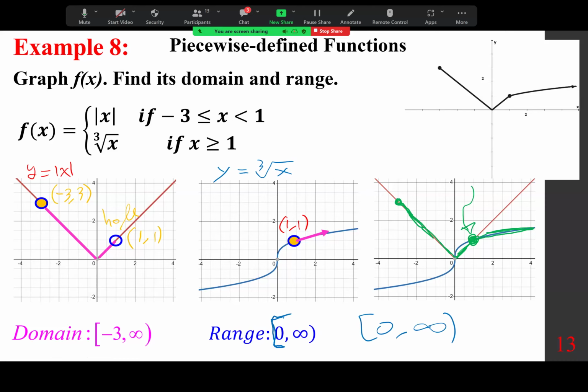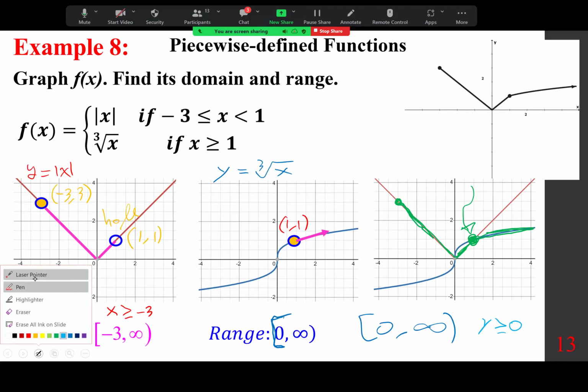So again, sometimes they use the inequality because they want to make sure that everybody understands. In the first case, it means x is larger than or equal to -3. That's for the domain. For the range, y is greater than or equal to 0. Okay, that's why sometimes they use the inequality so the reader can see which one is x, which one is y.